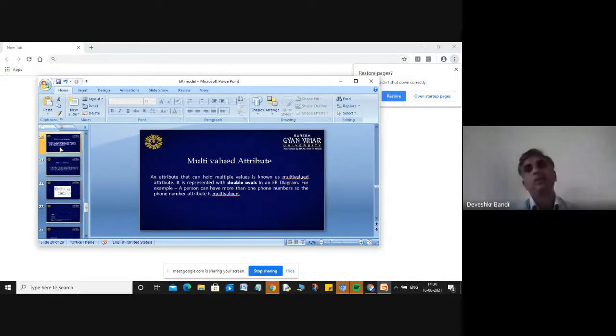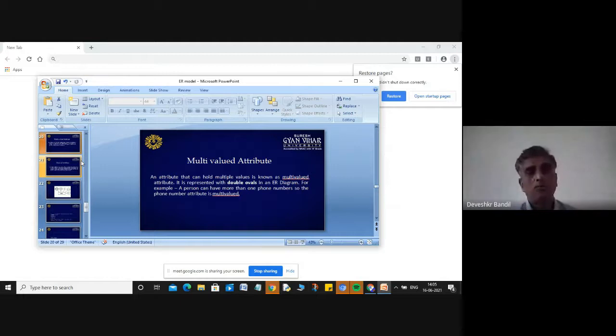Means when you are making an ER diagram of any enterprise, you will represent the multi-valued attribute in double ovals. For example, a person can have more than one phone number, so the phone number attribute is a multi-valued attribute, because many people have more than one number.